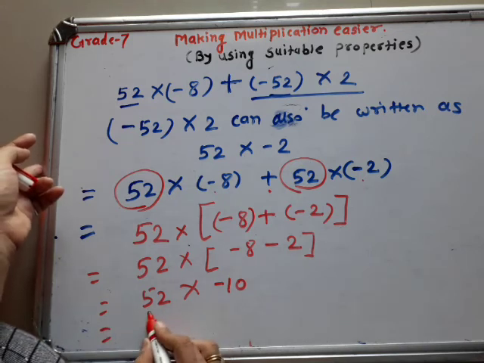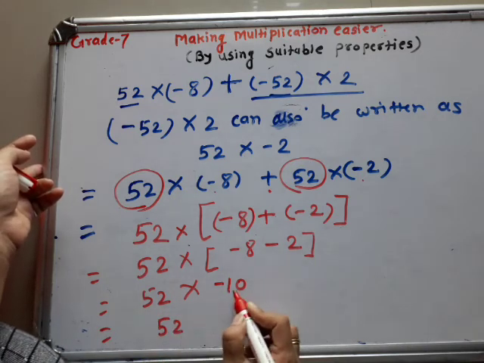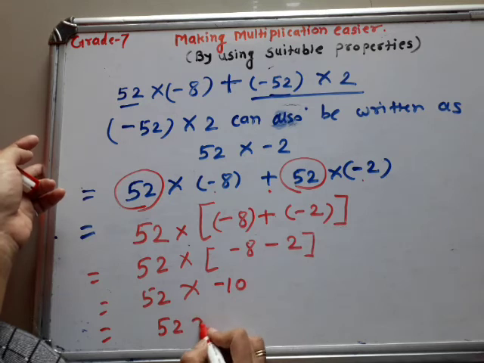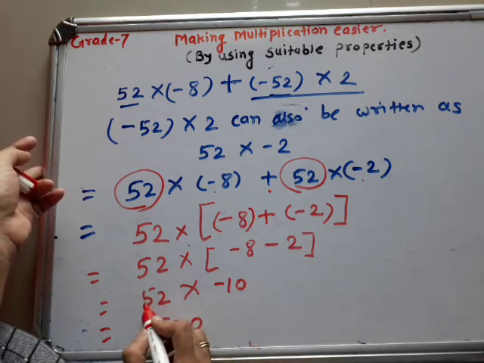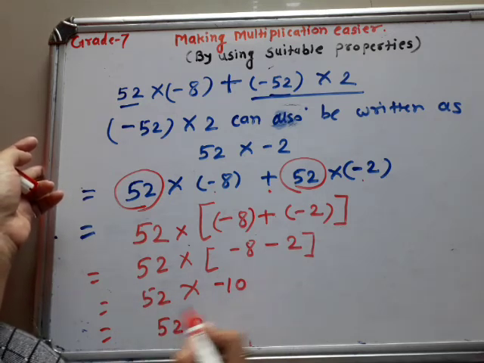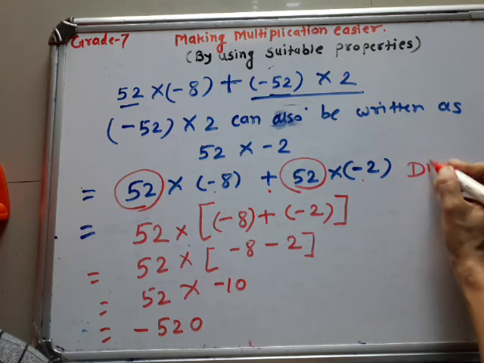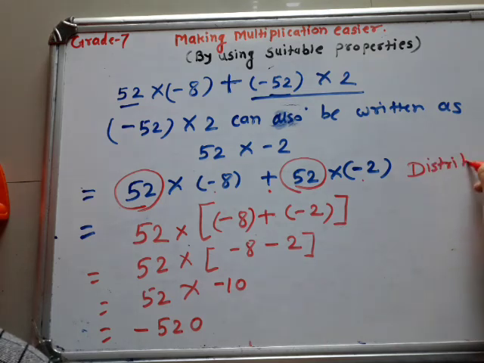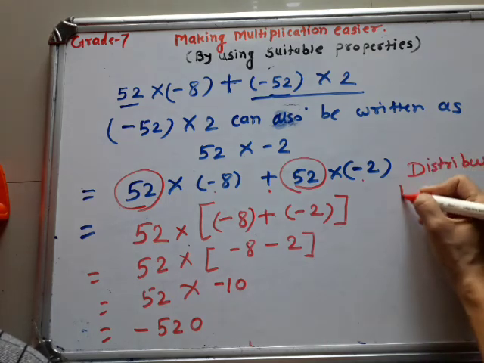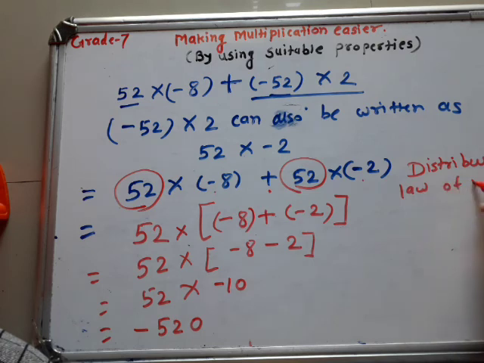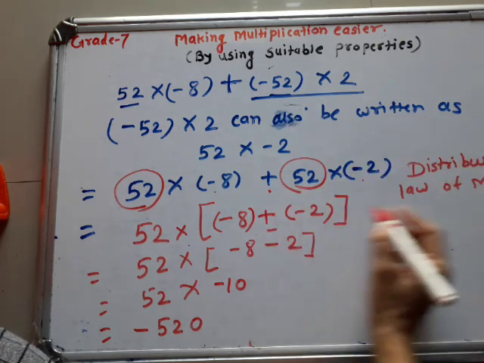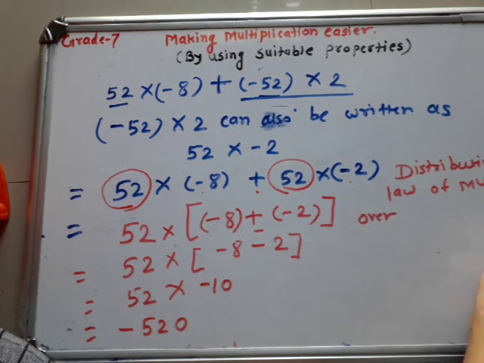Now you get the answer: 52 ones are 52, and we put this 0. Here there is no sign and here is a negative sign, so you have to write the answer as minus 520. Here which property did we use? We use the distributive law of multiplication over addition.